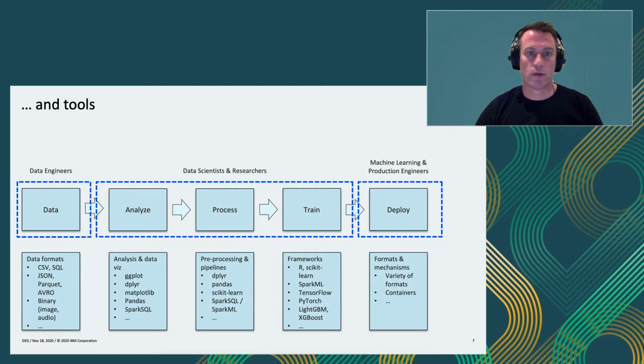Each team will have typically multiple frameworks and toolkits being used. And every data scientist researcher has their own favorite, and typically all of those need to be supported. And when it comes to deployment, you have, again, a variety of formats and mechanisms, ways of deploying things, and even the languages and infrastructures used for large-scale production deployment is typically quite different from what you have in your data science and research workflows.